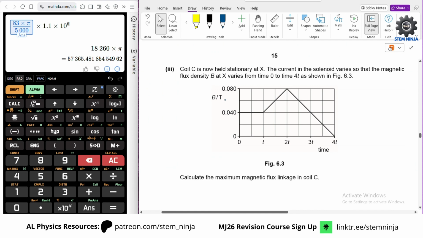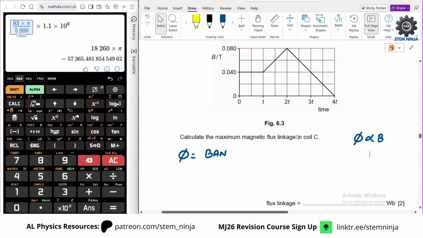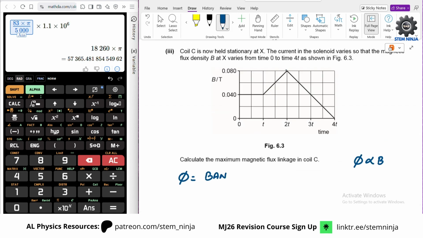Coil C is now held stationary at point X. The current in the solenoid varies so that the magnetic flux density B at X varies from time 0 to time 4t as shown. Calculate the maximum flux linkage in coil C. So this is equal to BAN. We already said that this is proportional to B, so wherever the maximum flux density is will be the maximum flux linkage.